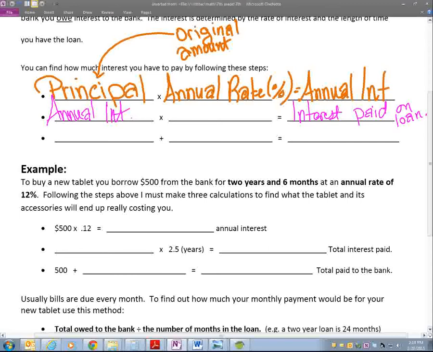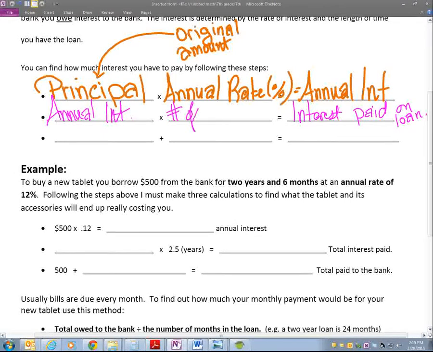Is it the amount of bikes locked up on the bike rack right now? Are we going to multiply it by that? How many times the lawnmower broke down last year? No. We're going to multiply the money paid in annual interest by something else. It's not money. Time. Yes. Number of years. Good.